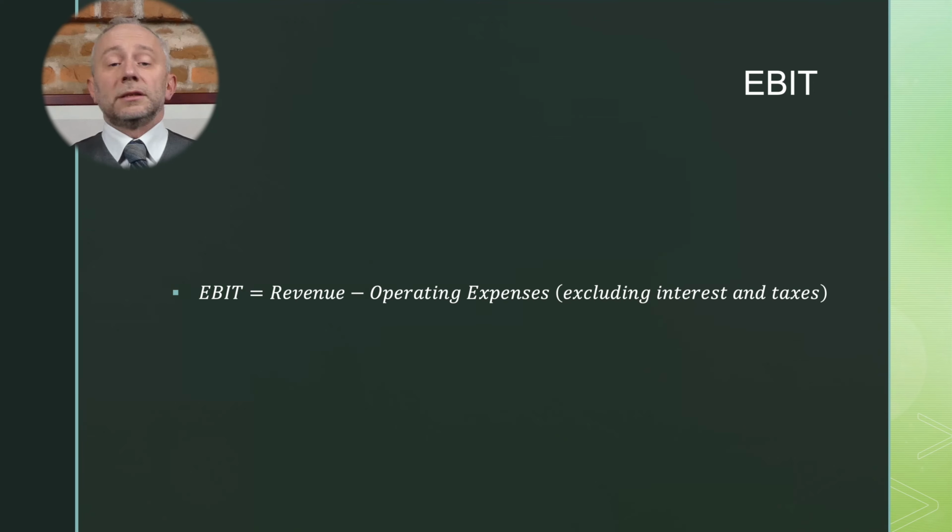EBIT helps assess operational efficiency. If your EBIT is consistently strong or improving, it often means the company is managing its production, sales, and administrative costs well. How is it calculated? EBIT equals revenues less operating expenses, excluding taxes and interest.